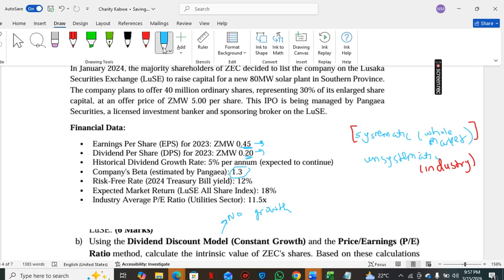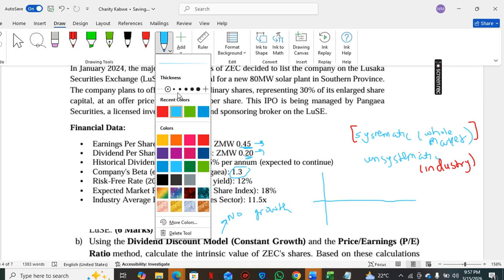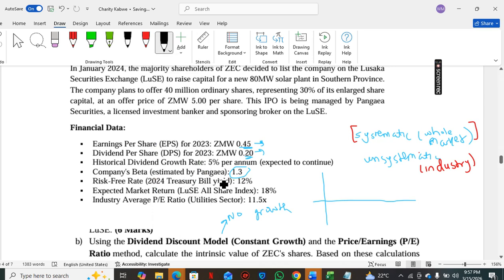So let me also illustrate to you how you can visualize this beta, because this beta is in relation to the stock market. If you have a beta of 1.3, it means whatever happens to the stock market is going to happen worse to your company. So this line in black is the Osaka Securities Exchange.